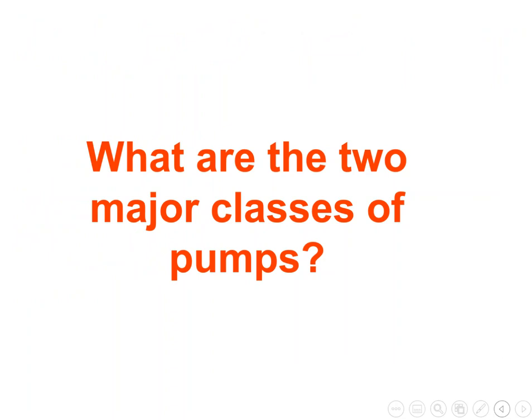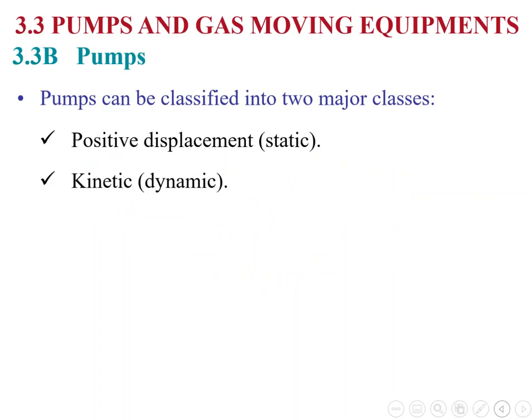When talking about pumps, there are two major classes, and the question here is, what are they? What are the two major classes of pumps? The two major classes of pumps are positive displacement, which is also called static pumps.